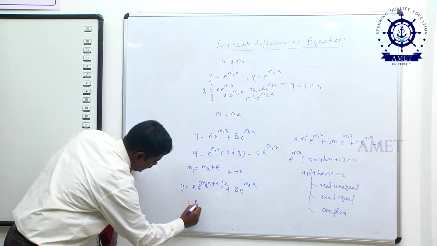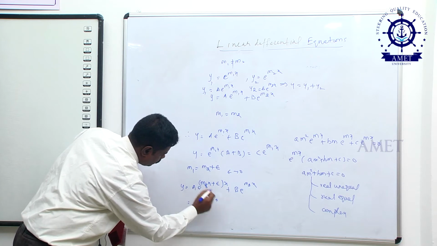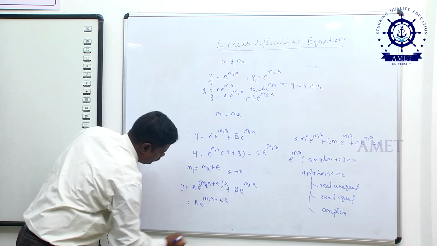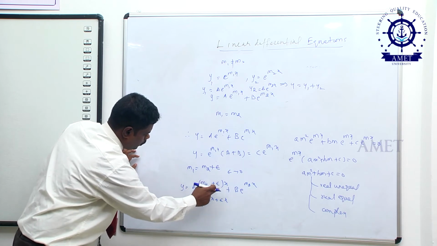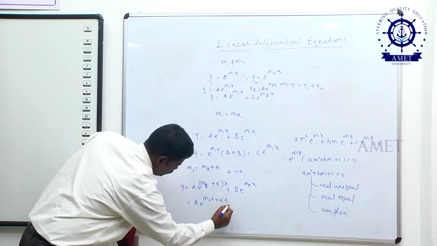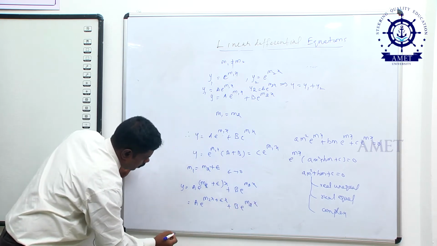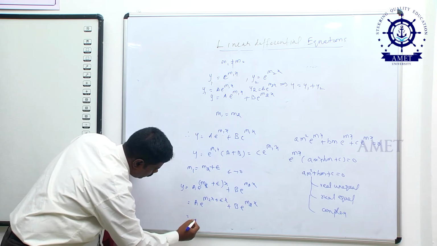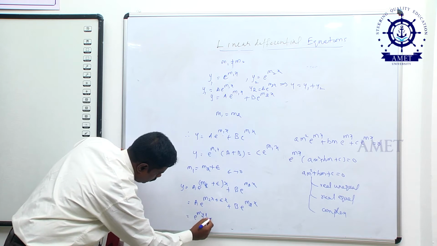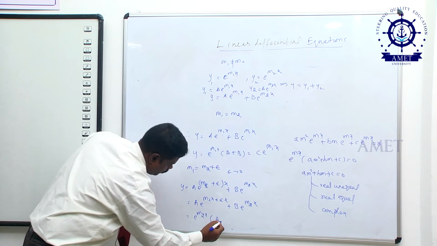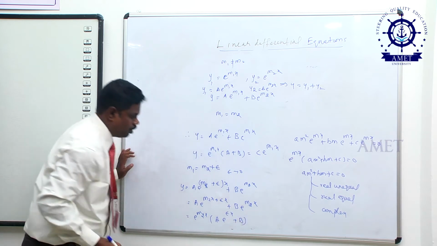Now this is a into e power m2x plus epsilon x, plus b into e power m2x. Now in both cases e power m2x is common, therefore we have taken it outside: a e power epsilon x plus b.